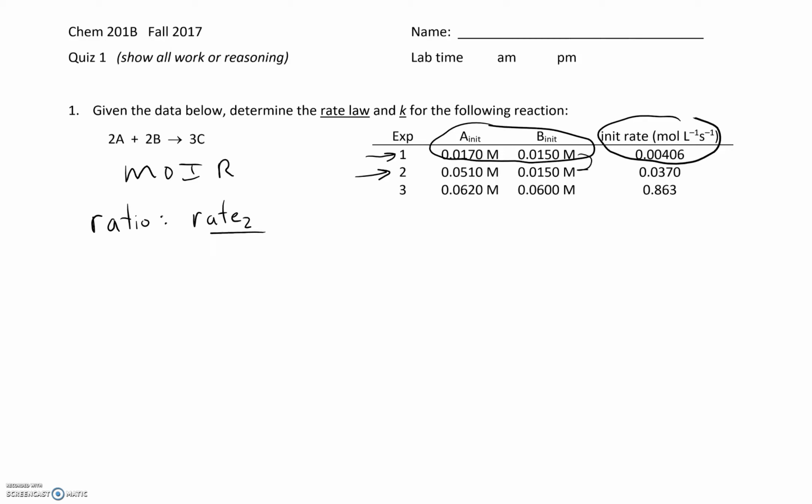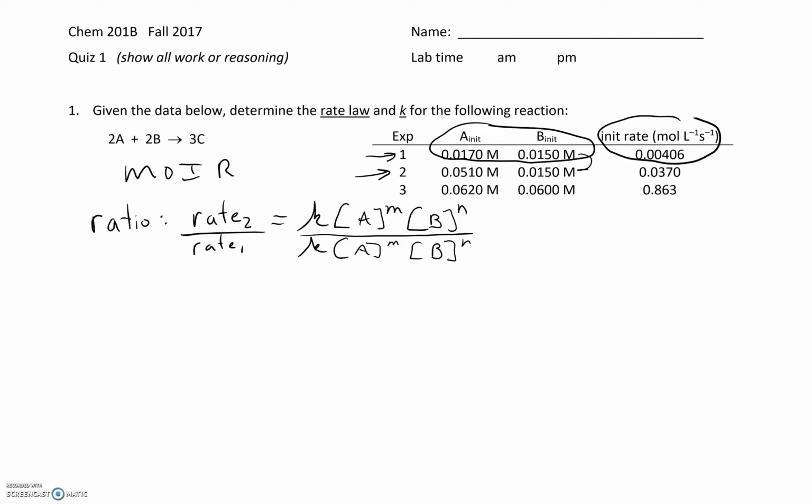The rate of experiment 2 divided by the rate of experiment 1. We know that the rate of experiment 2 is always going to be equal to the rate constant times the concentration of A to some power times the concentration of B to some power. We can do the same thing for rate 1, where we have K times A to some power times B to some power.